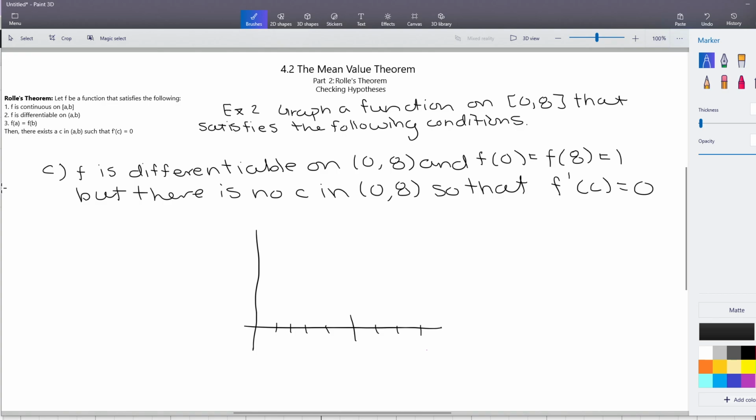They're at 1. But we don't want any point in (0, 8) that has a horizontal tangent.